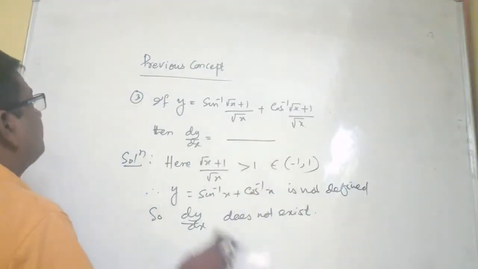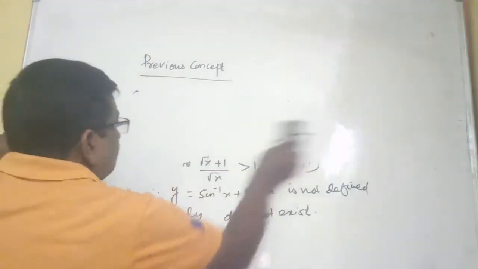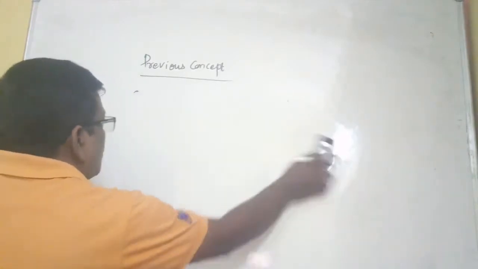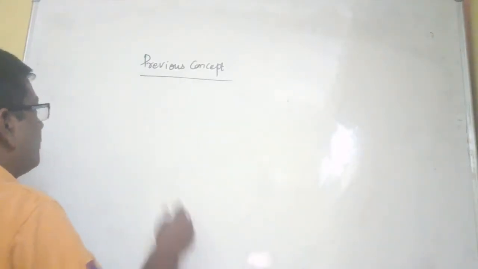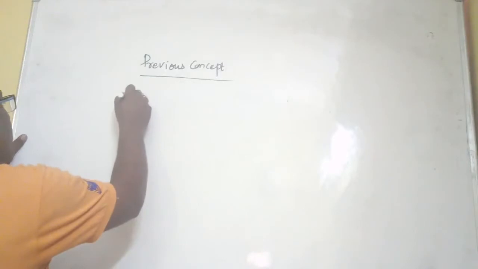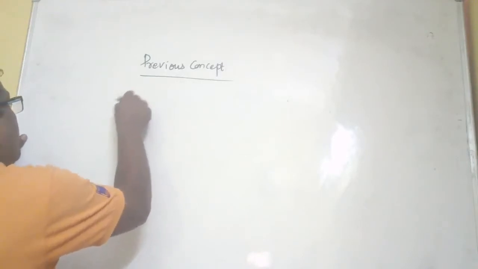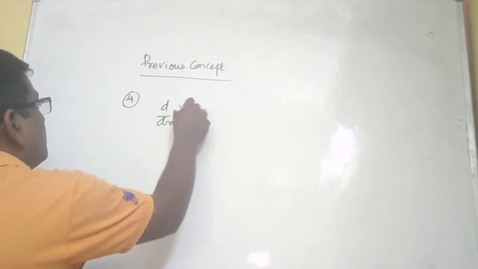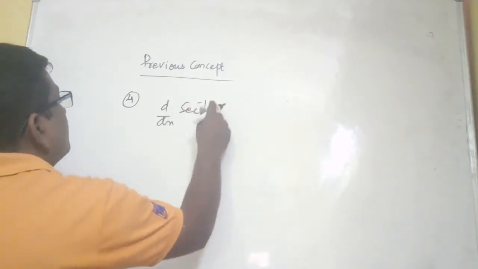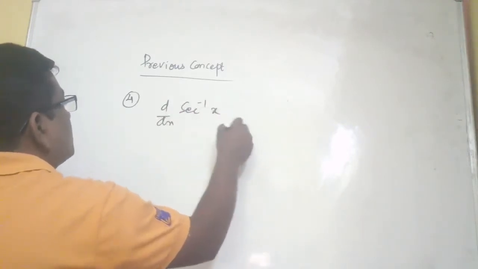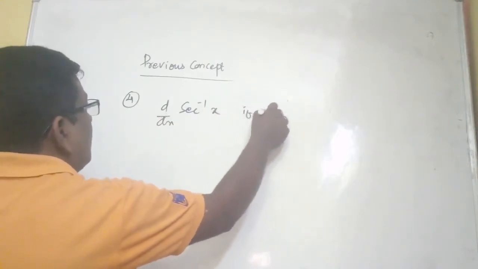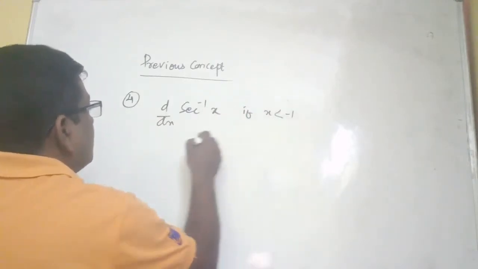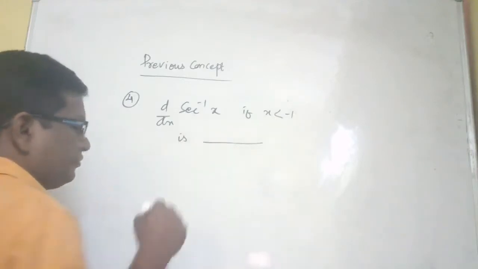Now another question, number 4: d by dx of sec inverse x if x less than -1 is dash.